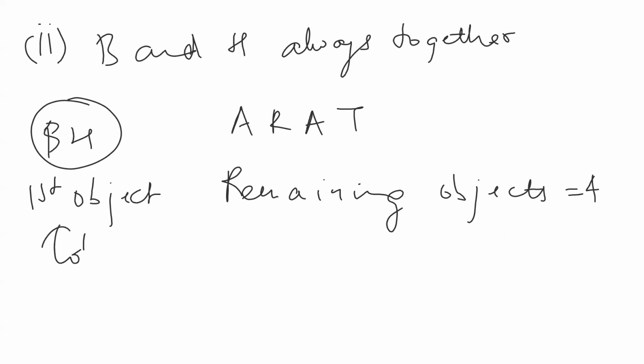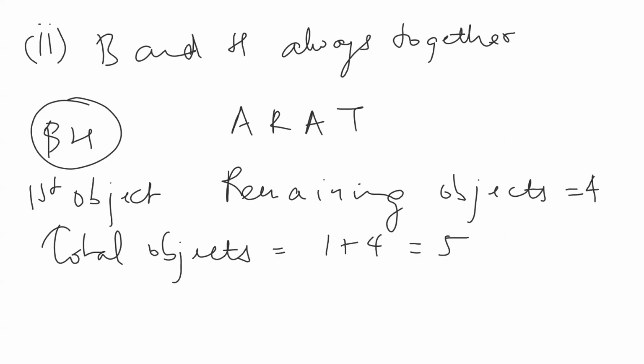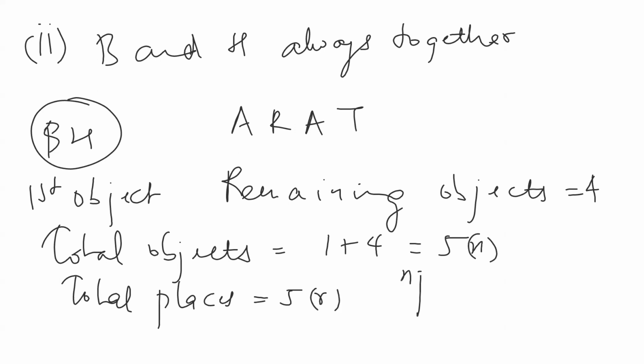Total objects, 1 plus 4, that is equal to 5. Total places, 5. So total objects and total places, nPr, 5P5, 5 factorial.